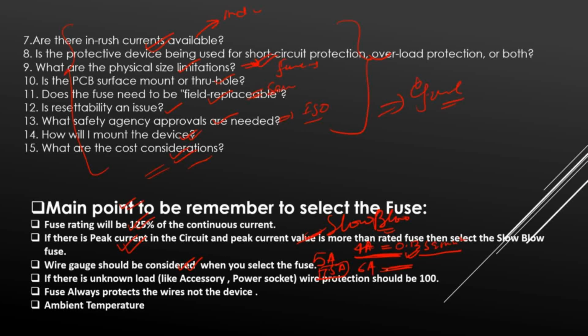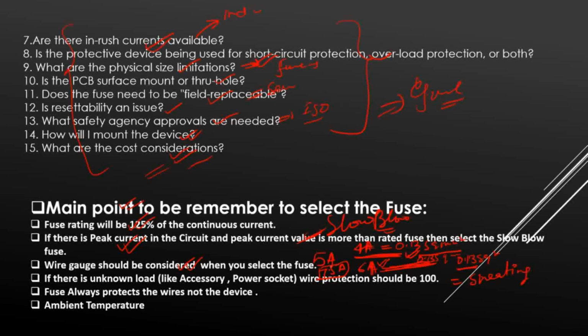But you are carrying 6 ampere of current in this particular 0.13 wire. Your wire CSA was designed for 0.13. What does it mean? That this particular wire, if you are carrying this current for long durations, will create a heating effect.